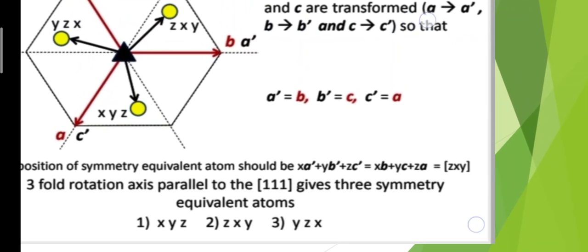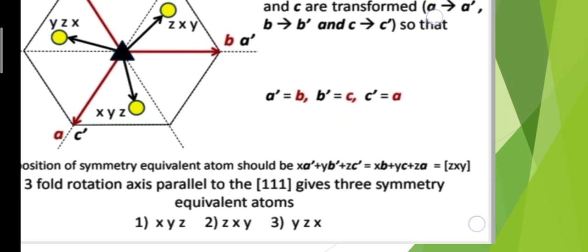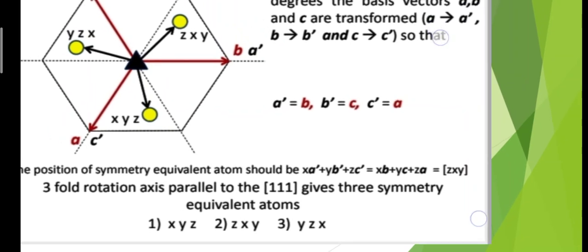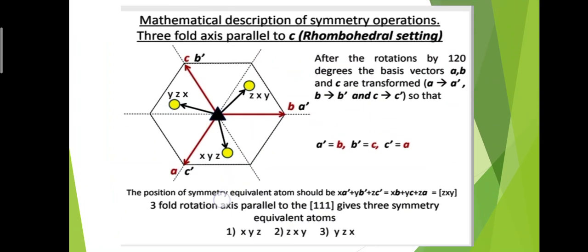A three-fold rotation axis parallel to 1, 1, 1 gives three symmetry equivalent atoms xyz, zxy and yzx.